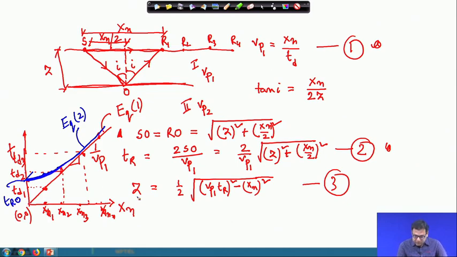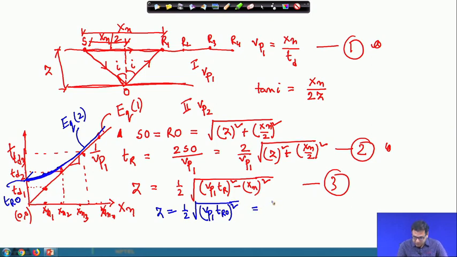Now, if I put this value here, I will get z equal to half root over Vp 1 T r 0 square, because x n is 0.